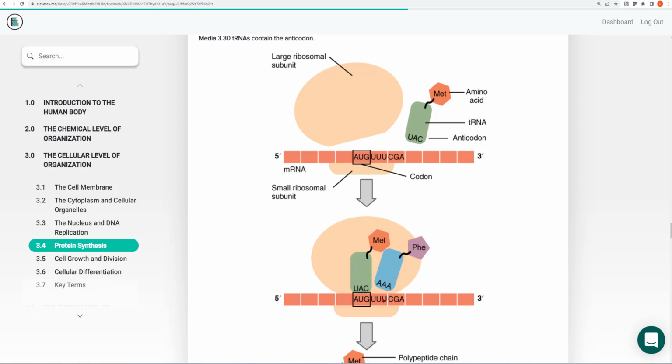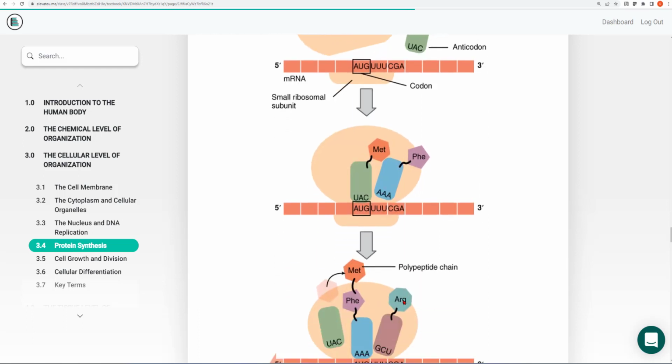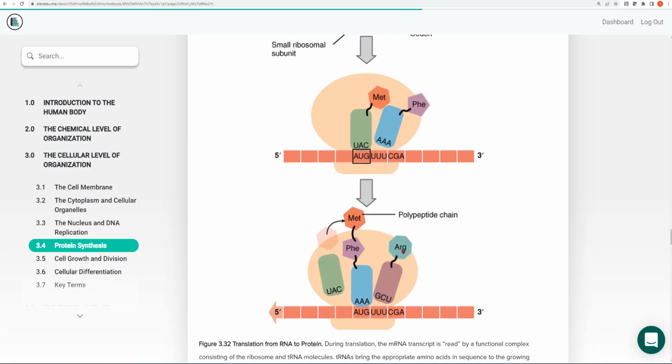And whenever UUU is in the RNA, it is going to bring in an amino acid called phenylalanine, or Phe. And then the next one we see is CGA. And there'll be yet another tRNA that's going to bring in the appropriate amino acid to help build the protein. Each of these amino acids is then connected together through a chemical bond as the protein is made.